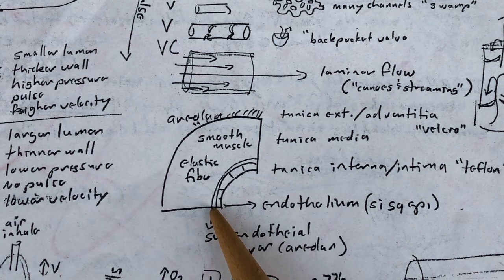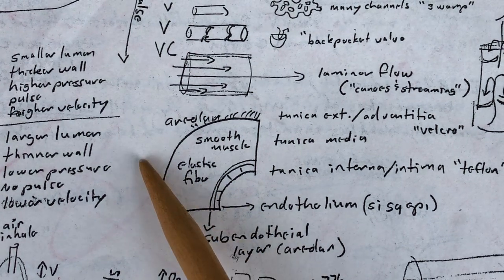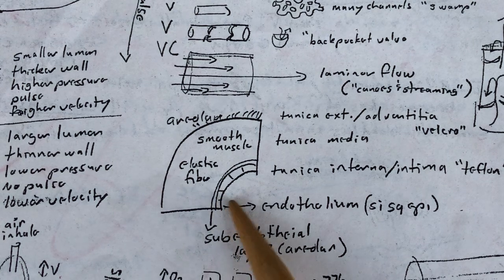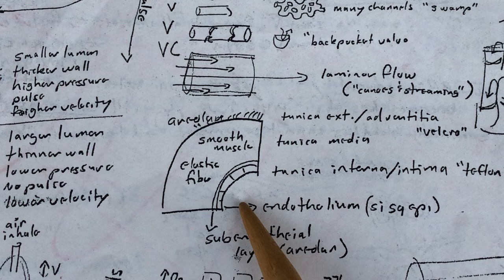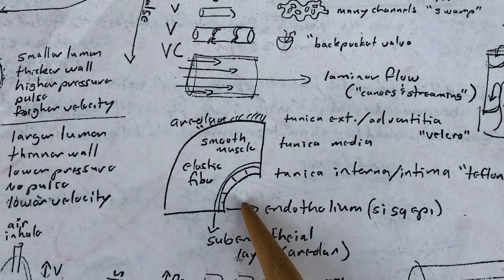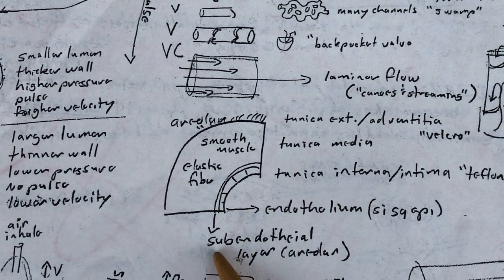And if fat is deposited inside that area, the volume of the fat won't push the outside wall out. It's more likely to push the endothelium in towards the lumen, and thus create an occlusion. So when it comes to fat being deposited inside the wall of a blood vessel, very often the subendothelial layer is where that occurs.